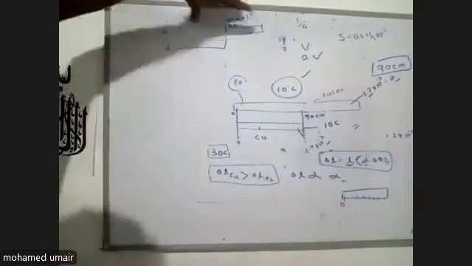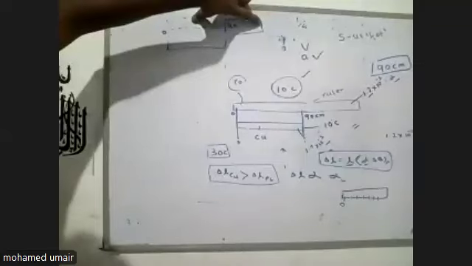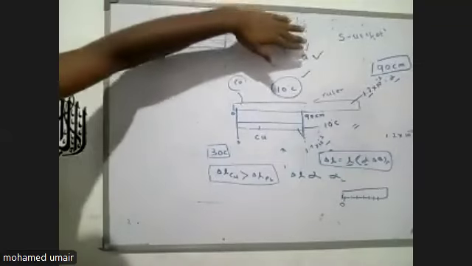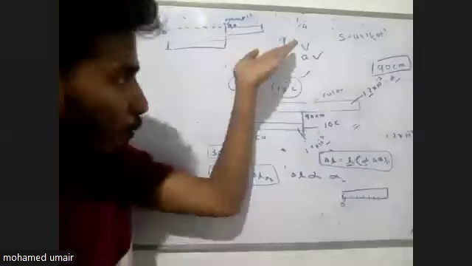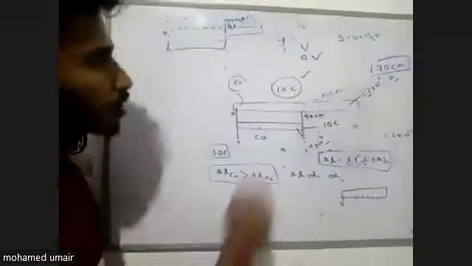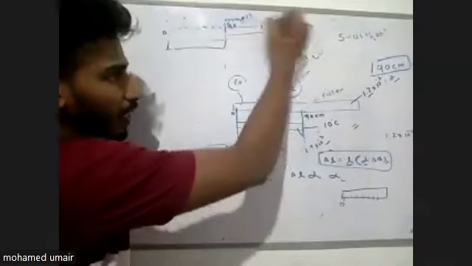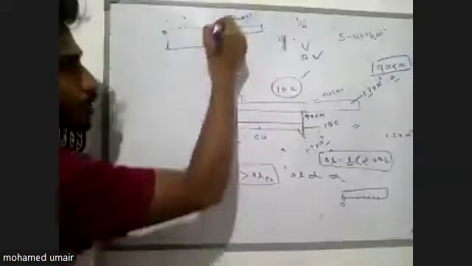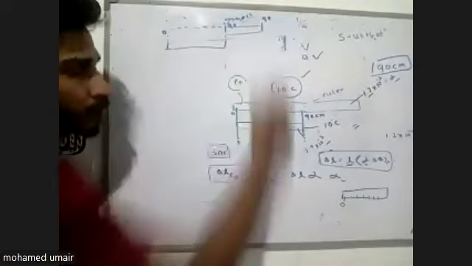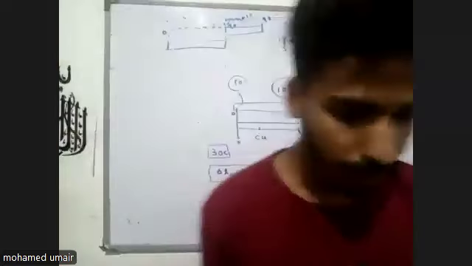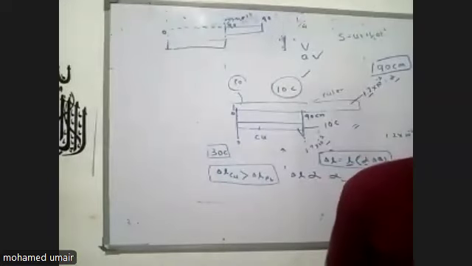Lead has expanded to some point and copper has also expanded, but the expansion of copper is greater than lead. So this will be the final structure. The 90 mark has traveled somewhere a distance here. Okay. So I'm done with this.